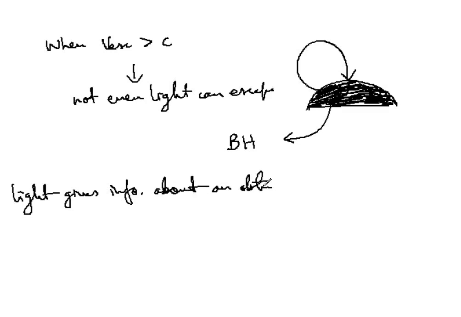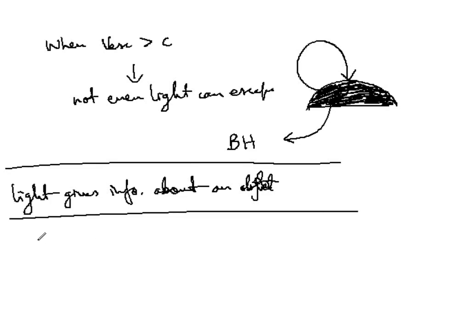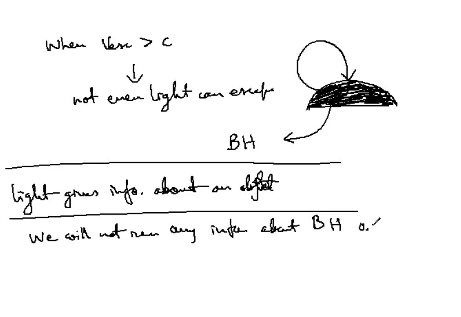Now, what this basic idea means is that we will not receive any information about this black hole or about the region near it. And such a region is, for these reasons, known as a black hole.